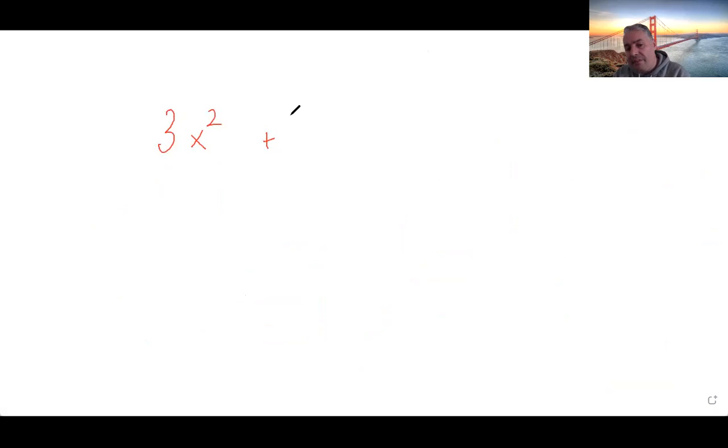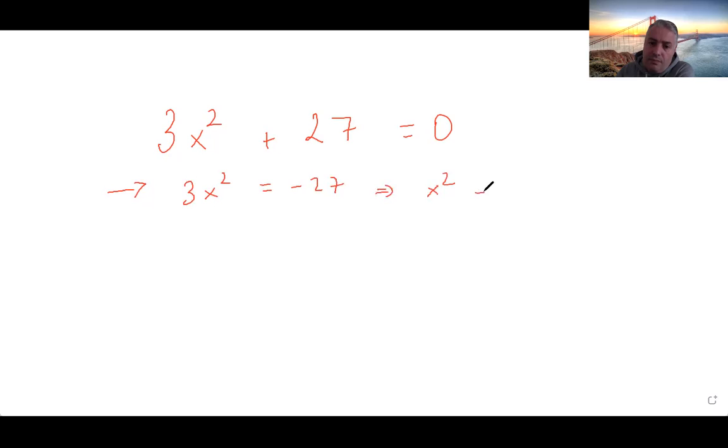Okay, as it is, let me give you: find the solution set. Or one of you can tell me and I can write. The first step, what should I write? 3x squared equals negative 27. And then? Divide by 3. Okay, and then? Take the square root of both sides.